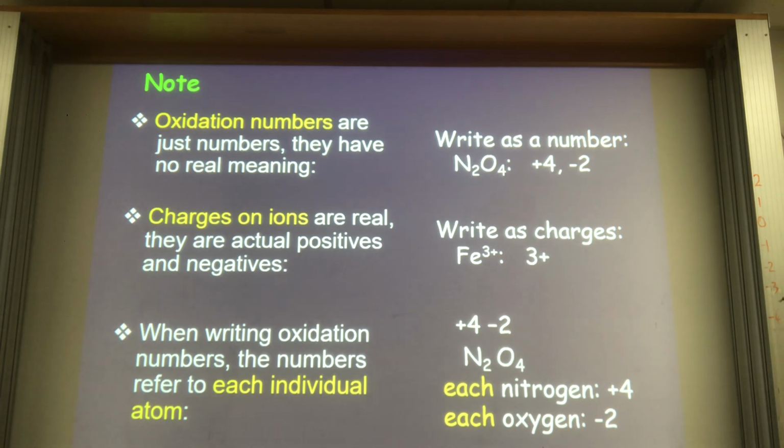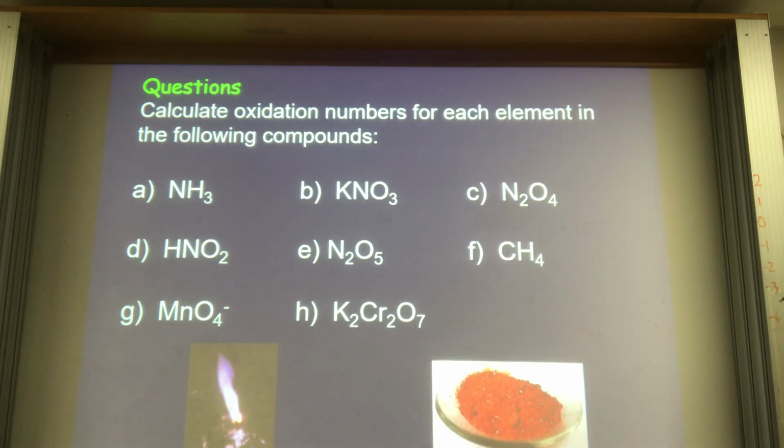Don't be lazy and do your arithmetic up there, because you'll end up not being able to follow across the equation what's going on. Do the arithmetic somewhere else. What you write up above the compound is the oxidation number of each individual atom. And then onto the questions.